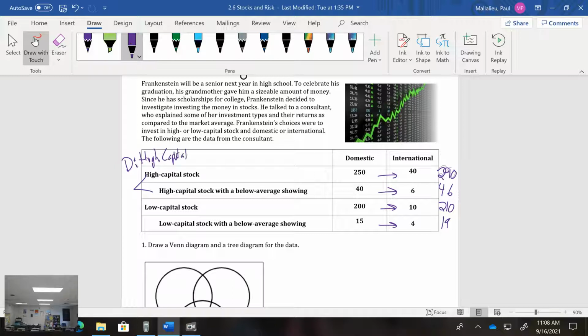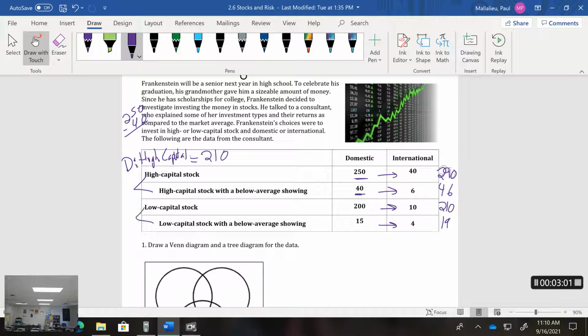For domestic high capital, we take the high capital stock and make sure we don't have overlap. We have 250 high capital stocks, and for domestic with below average showing, we take our 250 minus 40, and that gives us 210 domestic and high capital stocks.